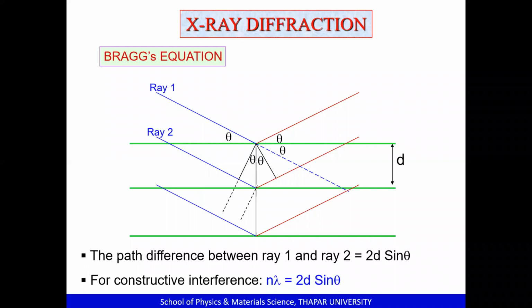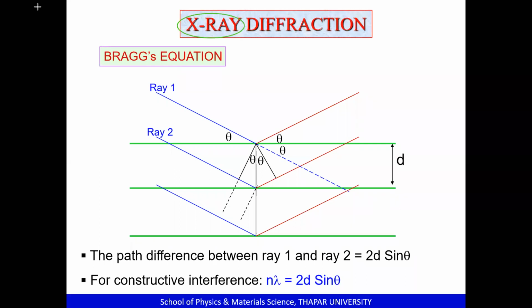If you look into the electromagnetic spectrum and find the lambda value which is typically of the order of an angstrom, you will see the corresponding source is X-rays. So if you want to produce diffraction from a crystalline material, what you need to take is a radiation source in the form of X-rays.